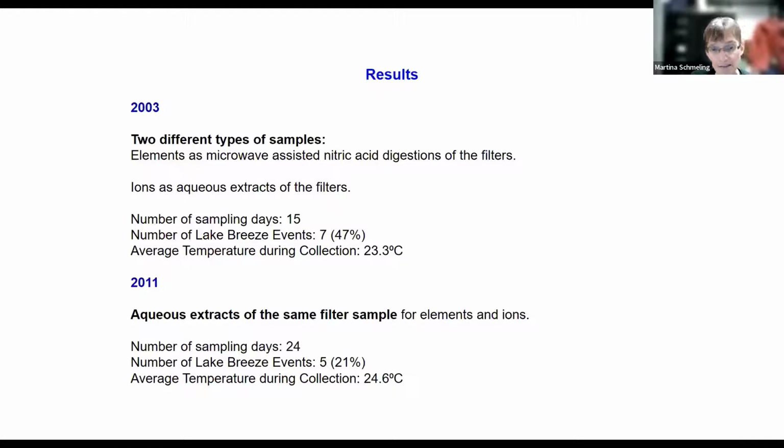In 2011, we had more sampling days. The weather was just simply better. The number of lake breeze events was pretty much close to average, 5 out of those 24 days. So it was actually less than in 2003. And the average temperature during the collection was slightly higher with 24.6 degrees Celsius.